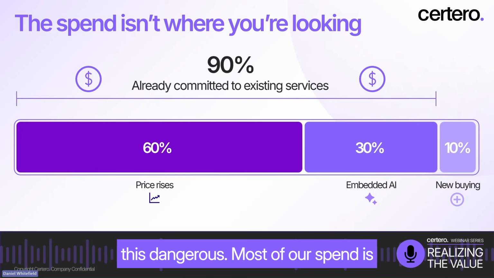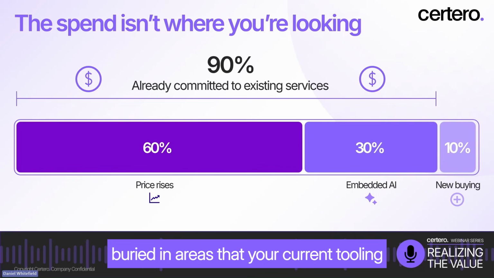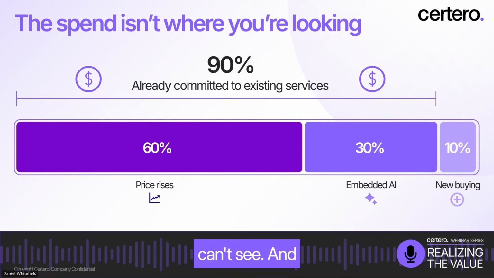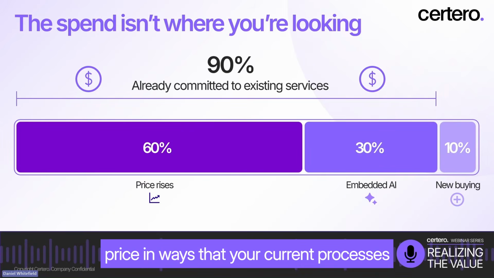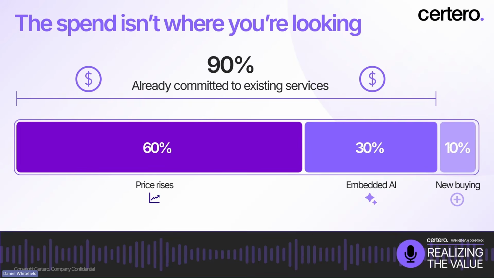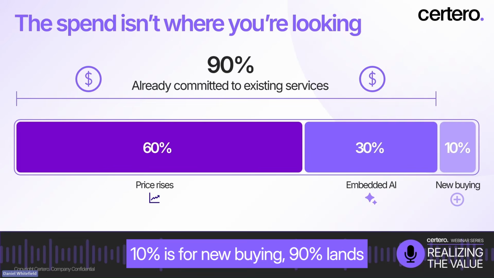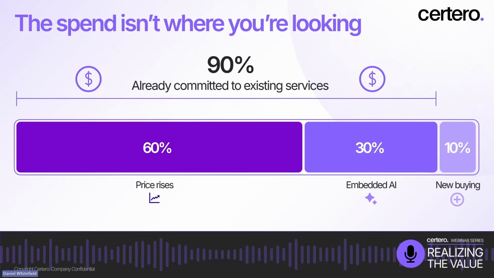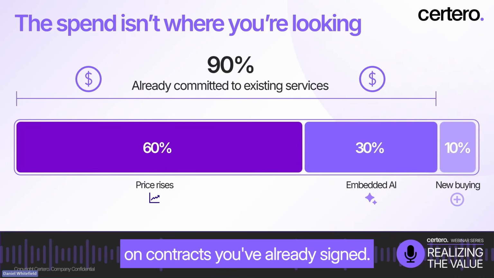And that's what makes this dangerous. Most of our spend is buried in areas that your current tooling can't see and priced in ways that your current processes cannot manage. So when you look at the statistic here, we can see that only 10% is for new buying, 90% lands on contracts you've already signed.